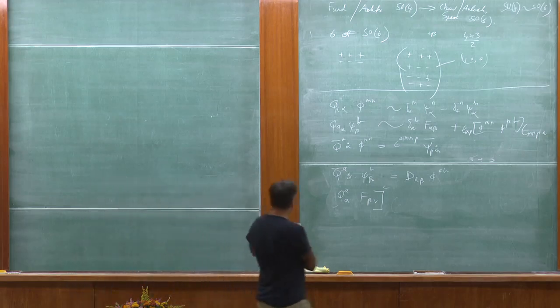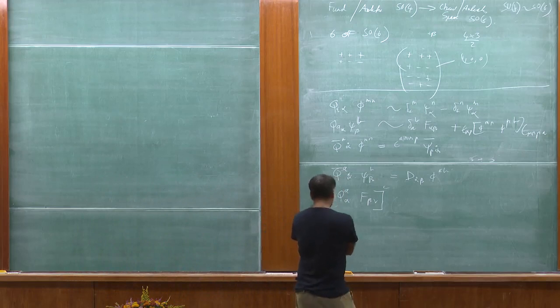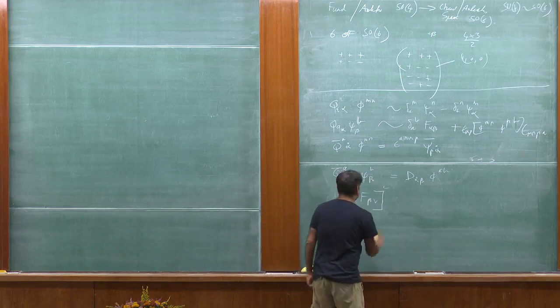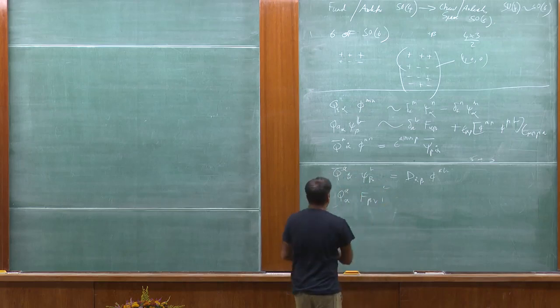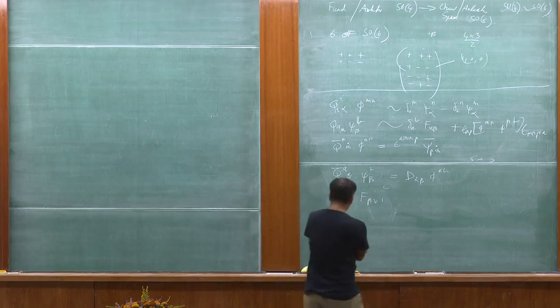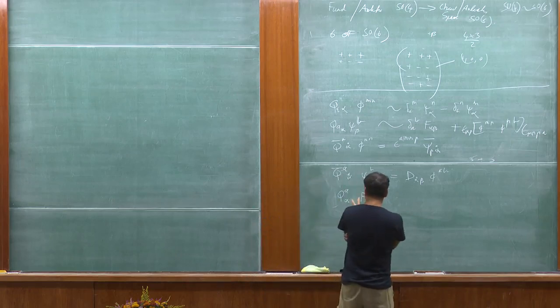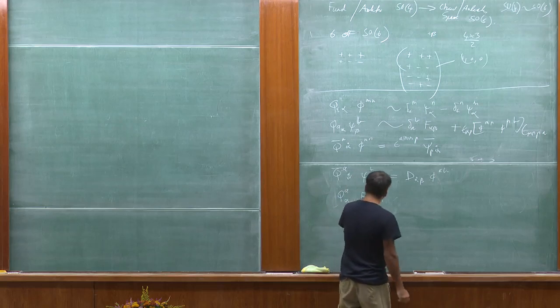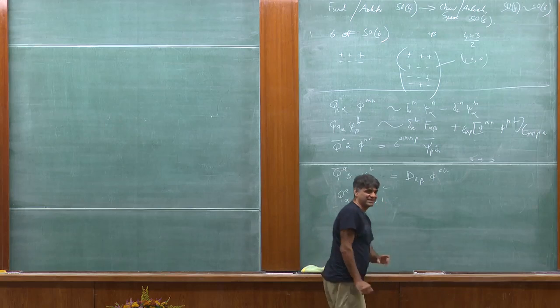If we write Q on F, now the right hand side has to be of dimension 5 by 2. And so now this F can have many kinds of indices.